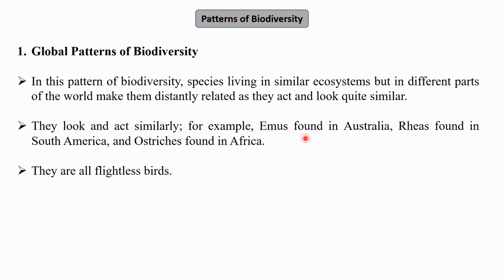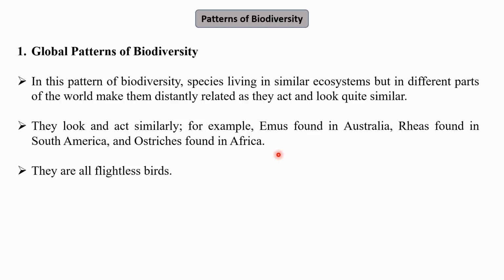For example, the emus which are found in Australia, the rheas which are found in South America, and the ostriches that are found in Africa. All of these three birds are found in different parts of the world, but due to the similarities in their ecosystems, they have evolved in a way that they act and look similar to each other.